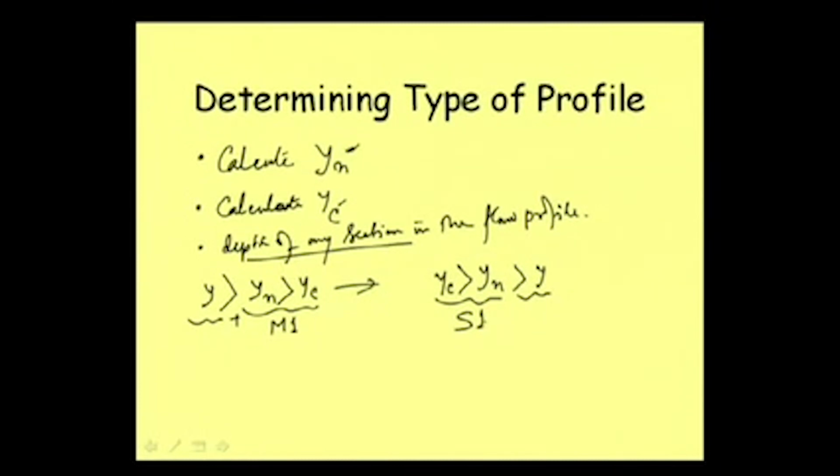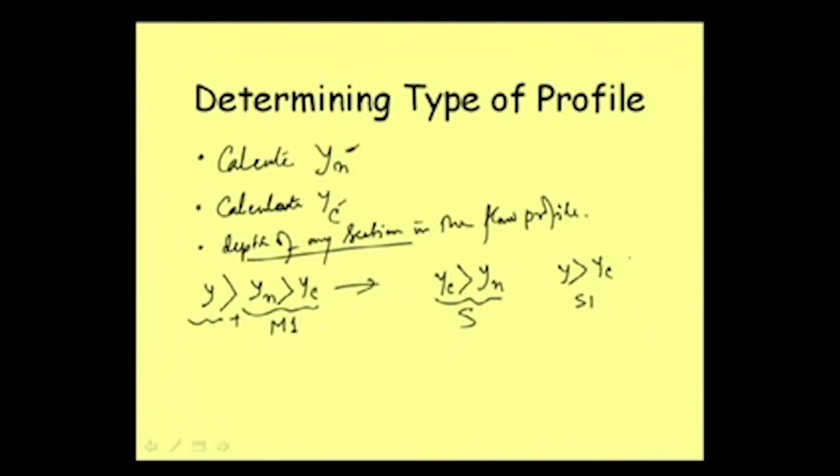And similarly, for some other condition, let me write it this way: this is suppose S, this is giving us, and then if y is greater than Yc, then it is S1.